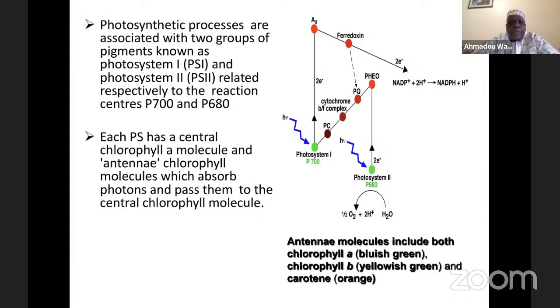There is photosystem 1 and photosystem 2, which are related respectively to the reaction centers P700 and P680.